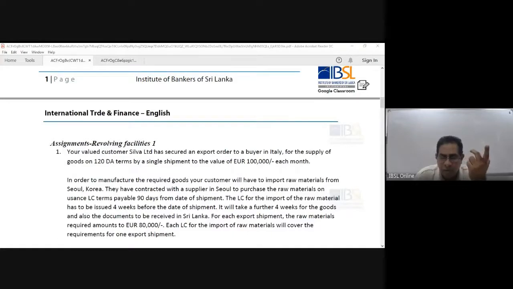He is not worried about the carriage. In FAS, he will keep the goods alongside the ship. Alongside the ship means beside the ship, nominated by the buyer. In other words, the buyer will nominate what the ship is. And the seller's responsibility is to go and keep the goods beside the ship or alongside the ship. Then the delivery completes. In case of FOB, he has to take a step further.